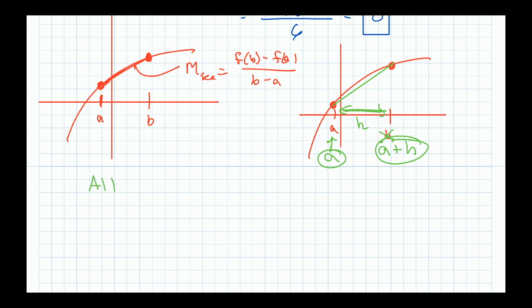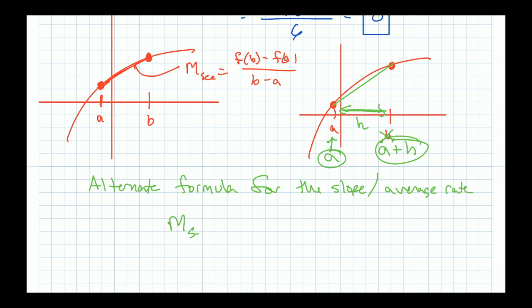So an alternate formula for the slash average rate is M secant equals, and you just plug those two things in, A and A plus H, for B and A.